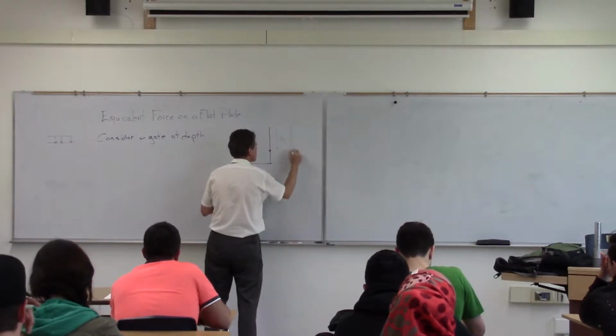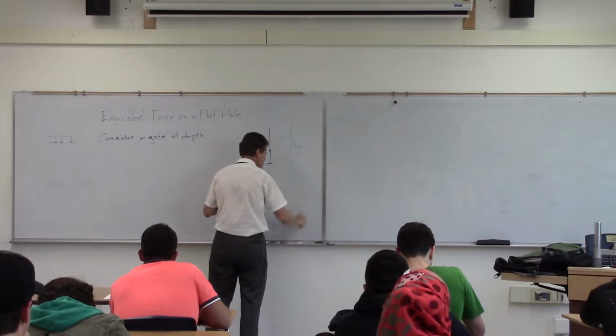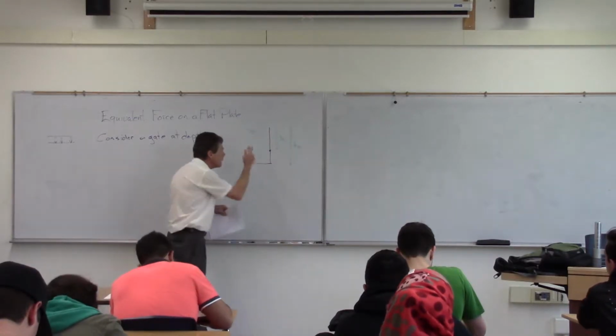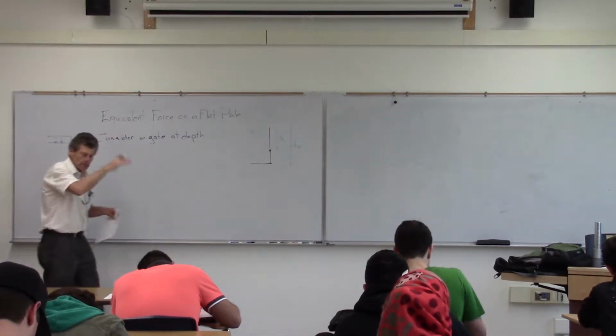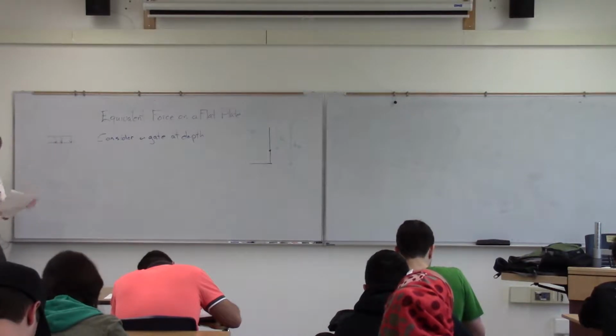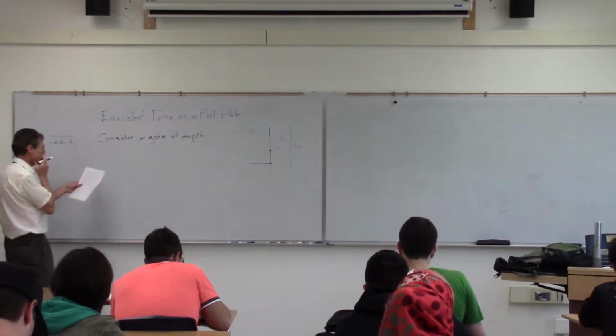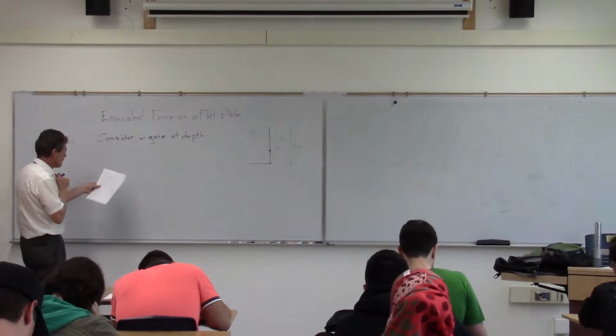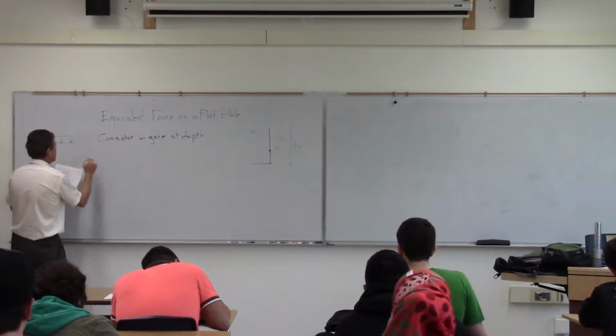And then we're going to use our characteristic measure there, H1 and H2, as our measure of the depth to those various points there. And then what we're going to do is just simply calculate those equivalent loads.